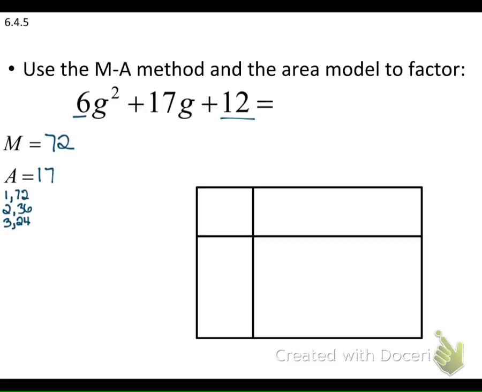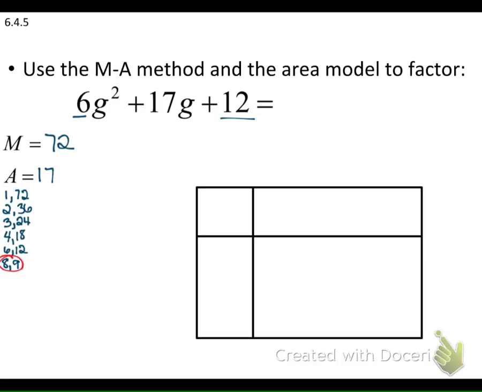What about 4? 18. What about 5? 6. What is it? 12. 6 and 12? No. What are we trying to get to? 17. What about, wait, no, what is it? 8 and 9. 8 and 9. There you go. All right, perfect.